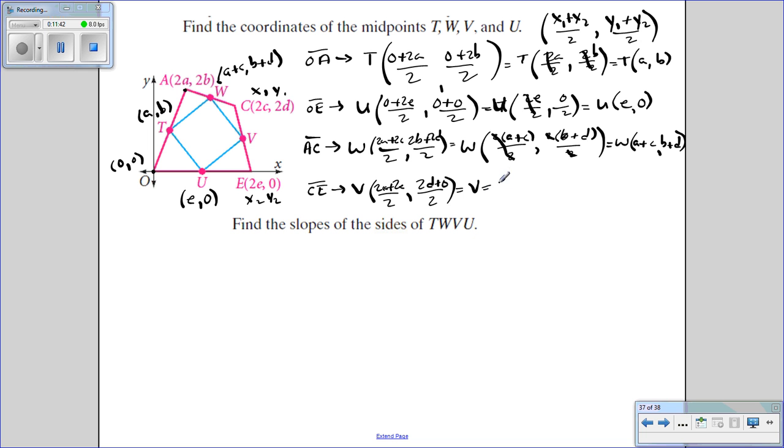Let's simplify that. And I'm just going to simplify the top if I can. Now these two here, 2C and 2E don't combine, but they do have a 2 in common, so I'm going to factor out that 2, leaving you with C plus E. And over here, 2D plus 0, well that's just 2D.